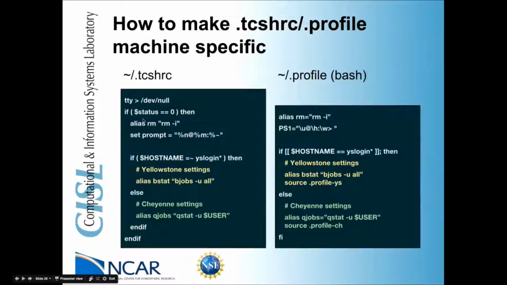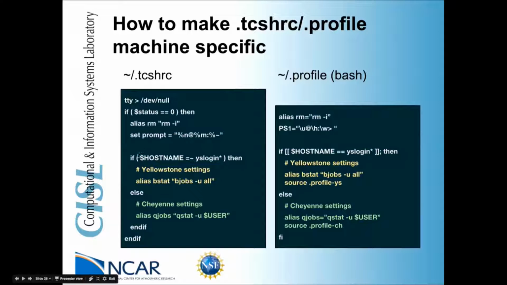Now in the C shell file, basically what I'm saying here is, am I running an interactive SSH session? If I am, set up an alias, set up a prompt. These things are relevant to both machines, so I want to set them regardless of whether I've logged into Yellowstone or Cheyenne.